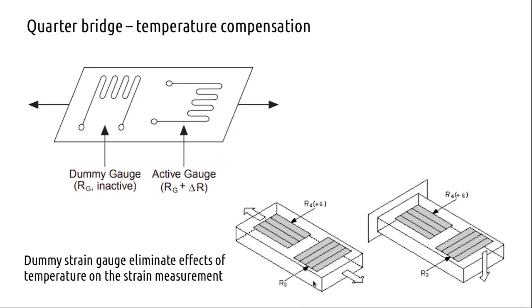R3 is going to be a dummy gauge. R4 is going to be the active gauge. And in this particular case, the dummy gauge is mounted like this, and the direction of interest is the strain along this vertical direction.